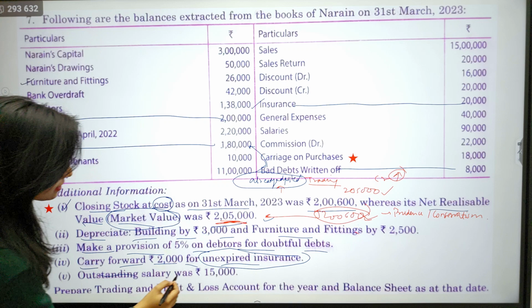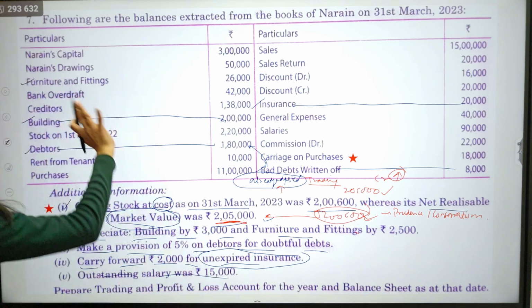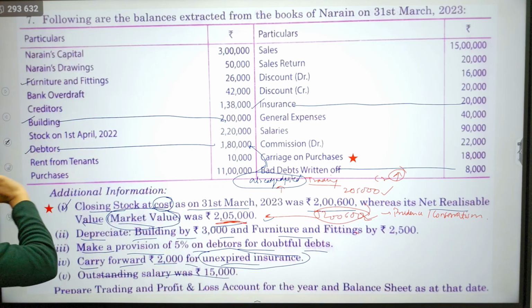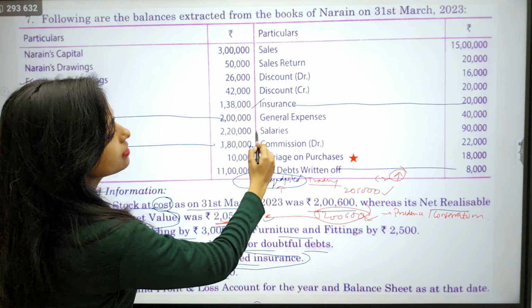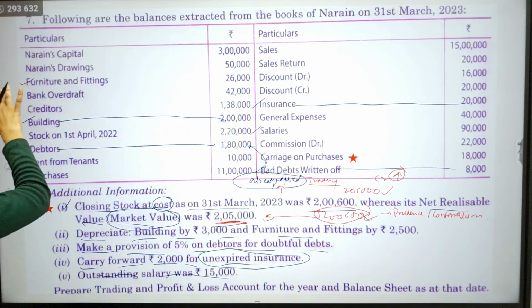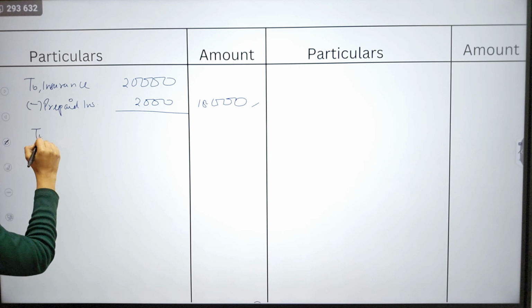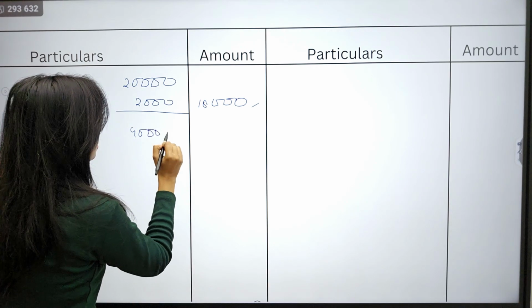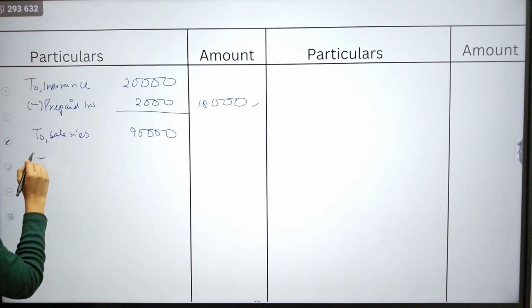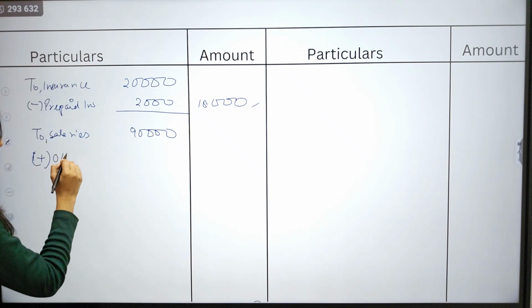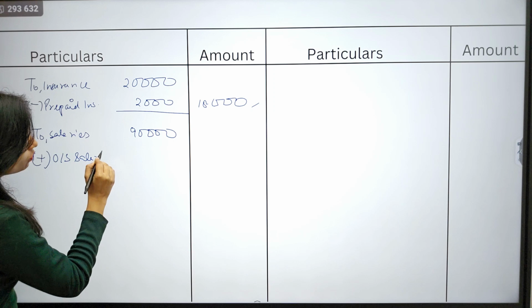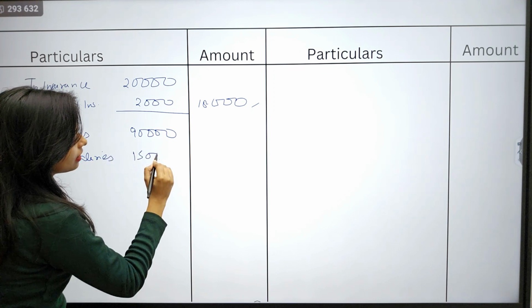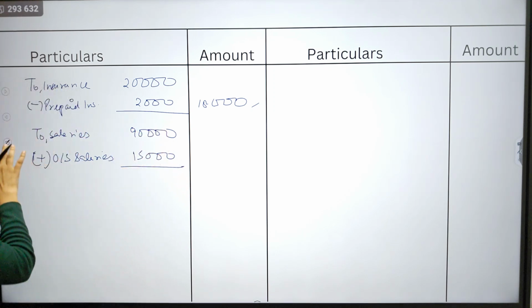Fine. Next point, outstanding salary was 15,000. Very simple. Let's just do it. I'm not going to explain it now. Salaries is 90,000 rupees. This was given inside the trial balance, and now we will also show outstanding salaries as a part of expenses of this year.